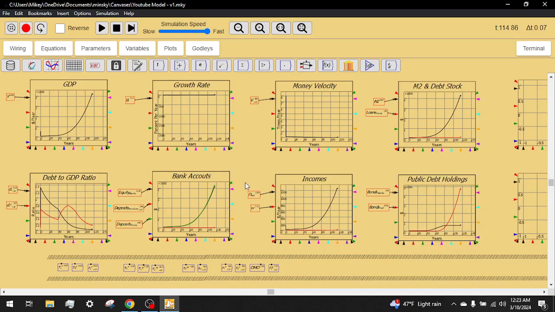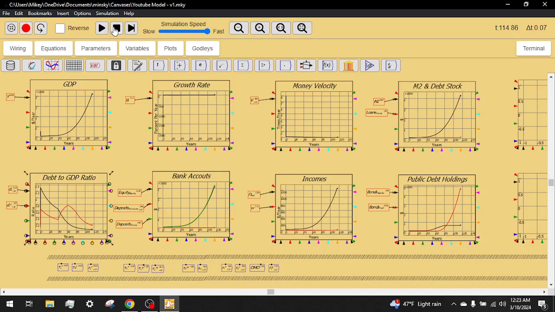One of the interesting conclusions you can take away is that if you really care about the debt to GDP ratio, you really want the Fed to buy up all the bonds, because when the Fed buys all those bonds, just by nature of the accounting that's taking place, the debt to GDP ratio falls in accordance with the purchases.